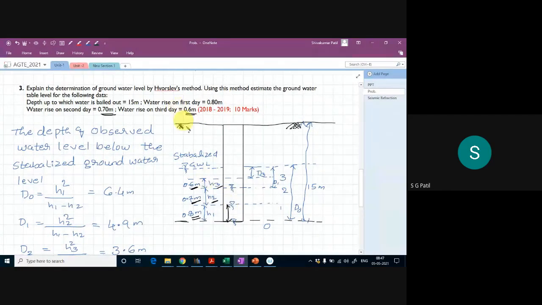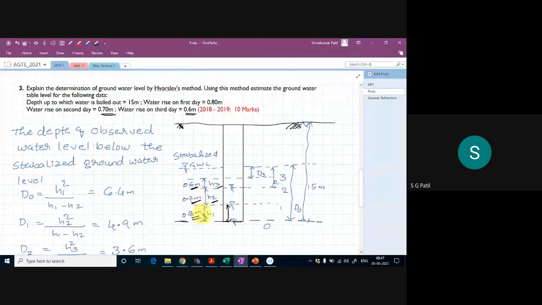In this problem they gave directly the increase in the height, but in the previous problem I explained in the PPT, they gave the water table from the ground level. So both are the same; only one extra step is avoided by giving these readings directly.